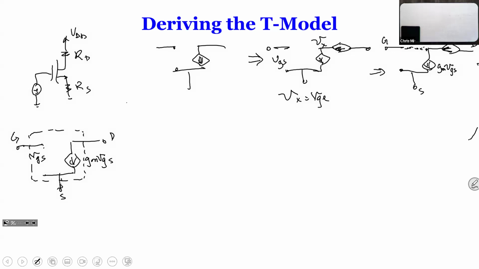So we just created this and connected it together. It doesn't change anything because we created the voltage at that point, which is equal to VGS. So nothing really changes the meaning of the circuit. But what's important is that we can stretch some lines to make it look a little different.